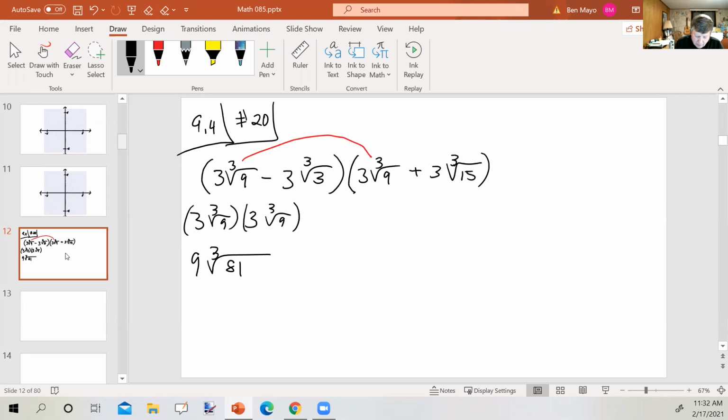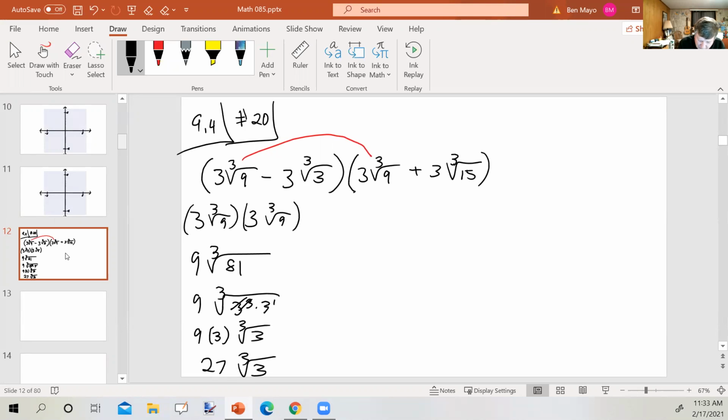But that could be written as 9 times the cube root of 81, which is 3 times 3 times 3 times 3, so 3 to the 3rd power times 3 to the 1 power. We're going to take the cube root of 3 cubed, and that's going to give us a 3 outside. So we're going to get 27 cube roots of 3 for our first product. Does anybody have any questions about how I got that first of 4 products?